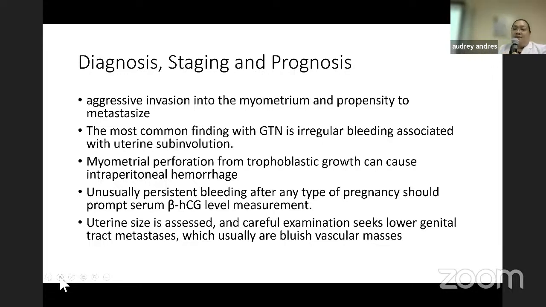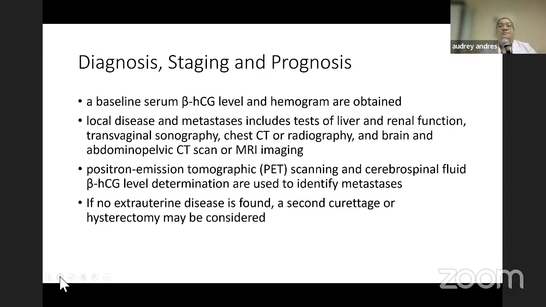Assess the size of the uterus, examine the uterus, look for lower genital metastasis, which are usually blue. Okay. So determine your beta HCG and your CBC picture.